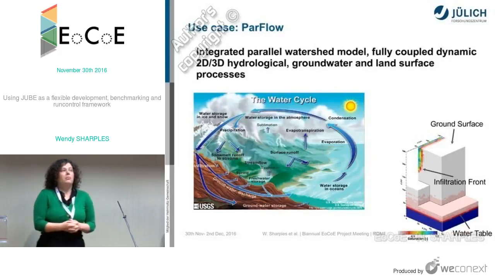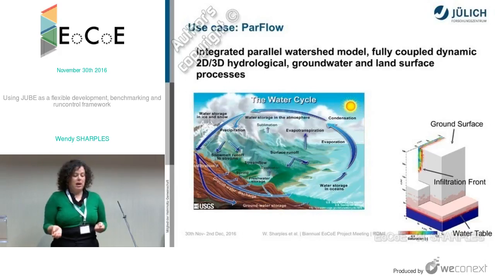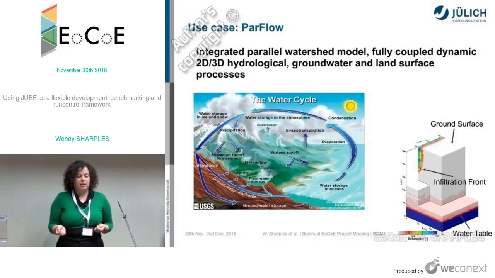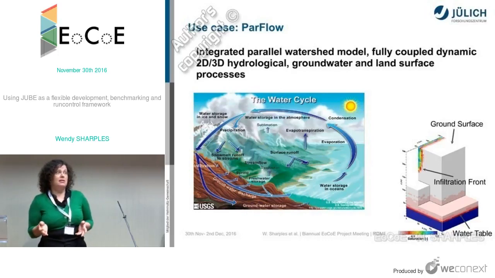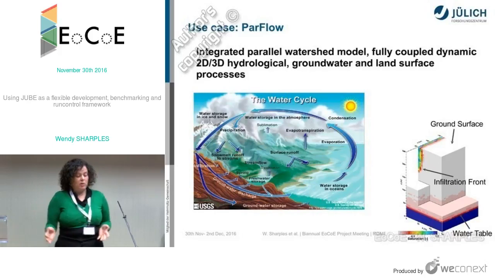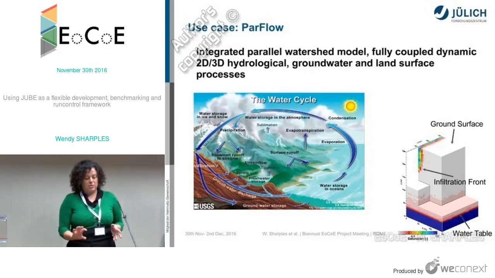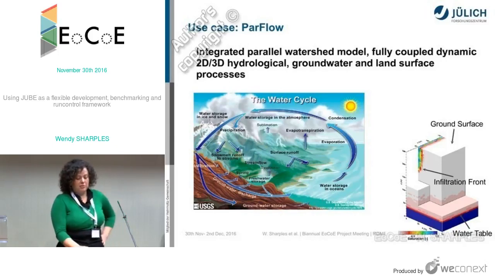So the use case that I'm going to talk about today is with ParFlow, which is an integrated parallel watershed model. It's fully coupled dynamic 2D and 3D hydrological groundwater and land surface processes. And what I mean by that, if we look at the water cycle, it deals with surface runoff, infiltration, groundwater discharge, groundwater storage, and gets forced by offline meteorological forcing files.